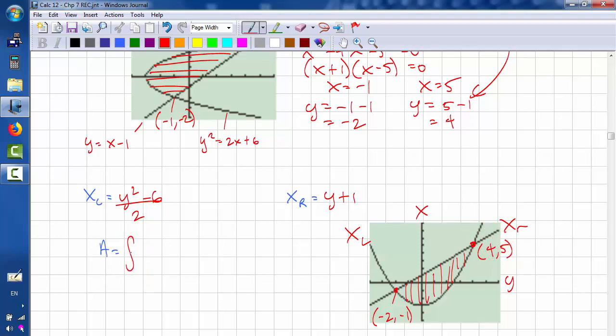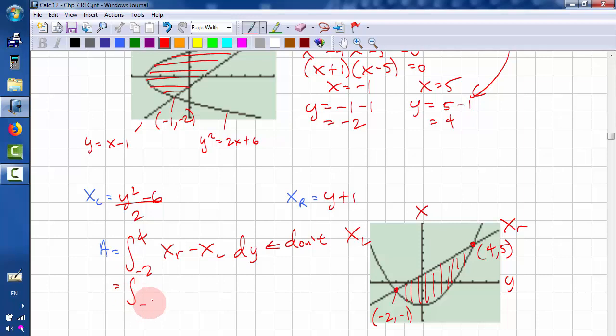Okay, anyways, we're integrating from negative 2 to 4. And because xr is bigger, we do xr minus xl dy. And we substitute these ones. We really don't want to do this as a step.